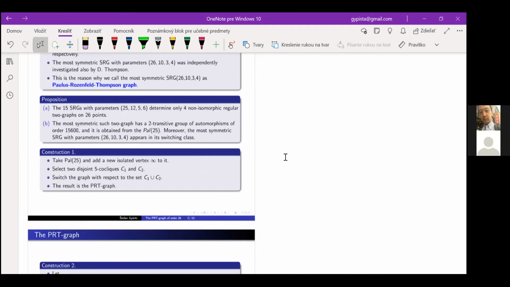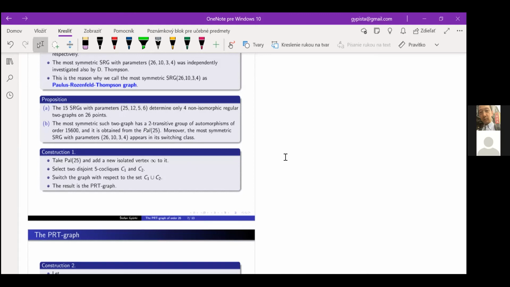And the most symmetric two-graph is obtained from the Paley graph, and in that switching class there is no more strongly regular graph with those parameters. And from that two-graph via switching, we can obtain the Paulus-Rosenfeld-Thompson graph.